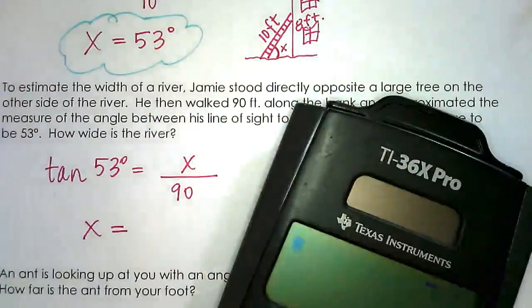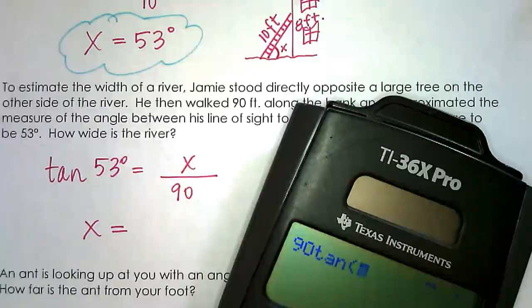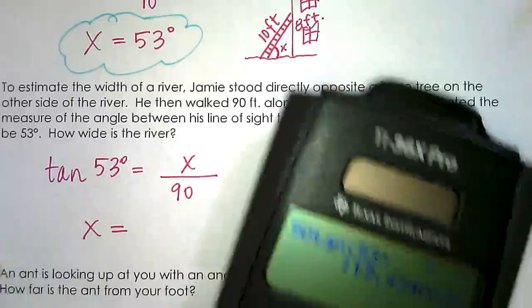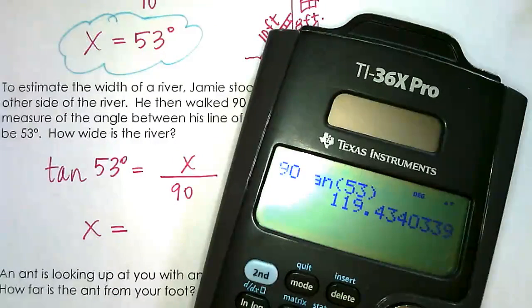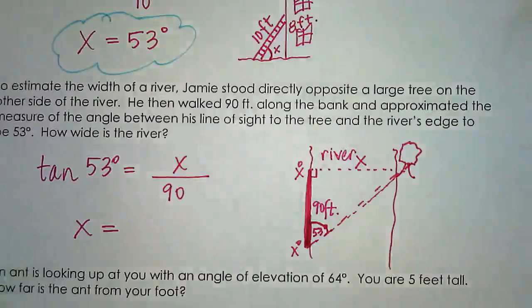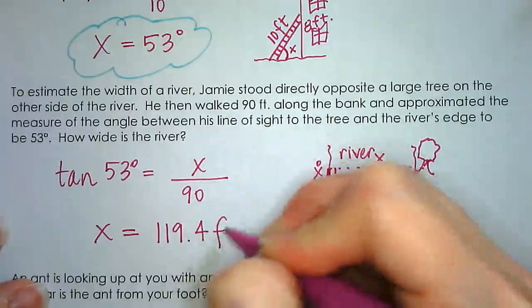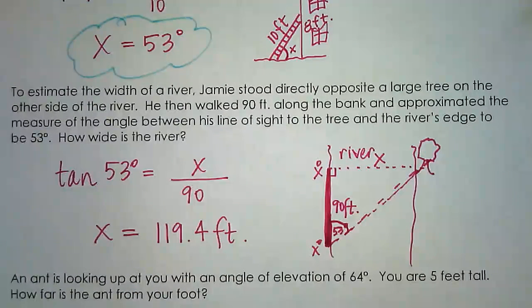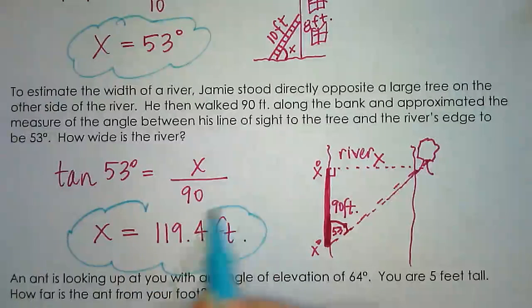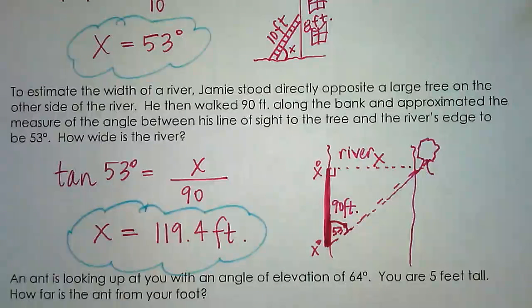So we need 90 times the tangent of 53 degrees, and we're getting 119.4. So the river is 119.4 feet across.